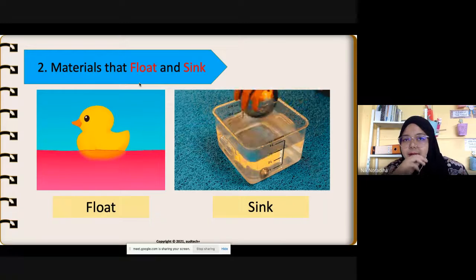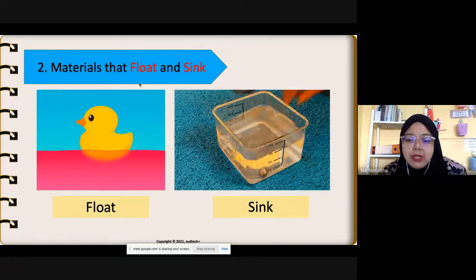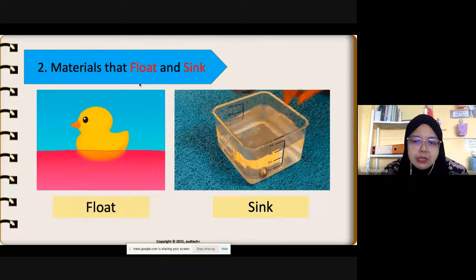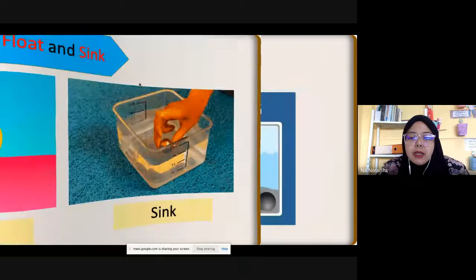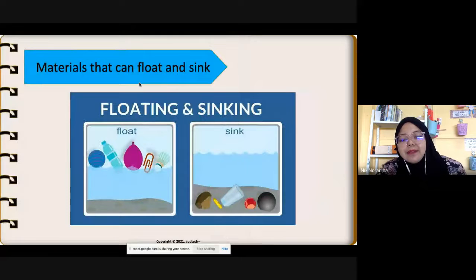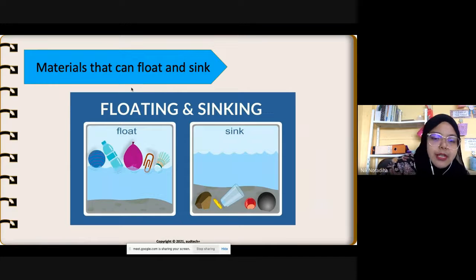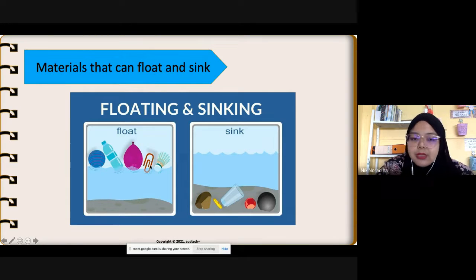We have learned about density before. If you forgot, please do revision. Just now teacher asked where is the position of the object if it can float: on the surface of water.